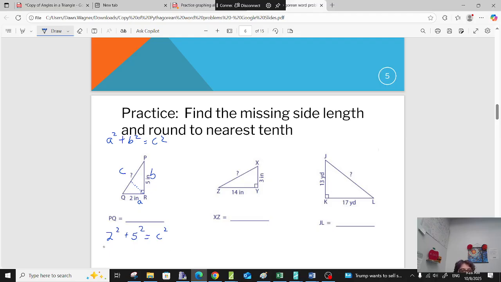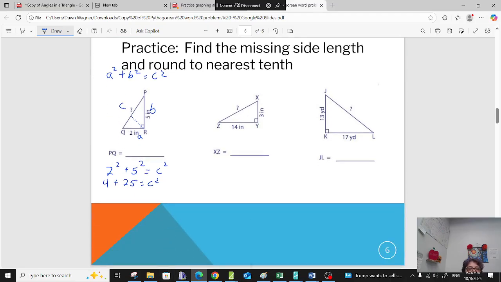What's 2 times 2? 4. What's 5 times 5? 25. Equals C squared. I add 4 and 25 together, and I get 29 equals C squared. Now, don't forget the last step, because yesterday we learned about the triangle inequality theorem. There is no way that this side length can be 29.